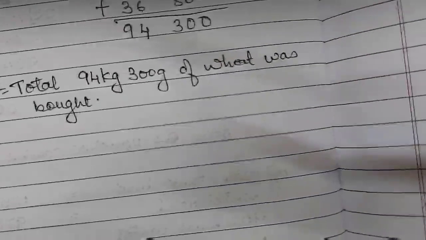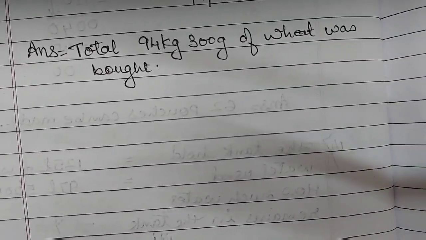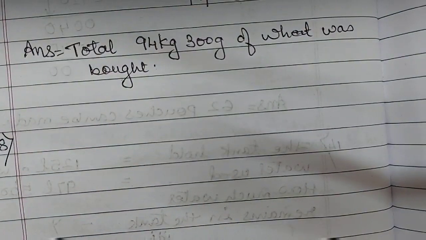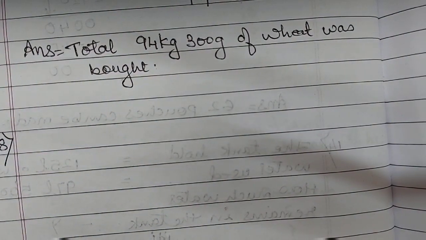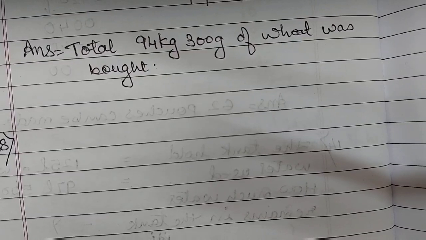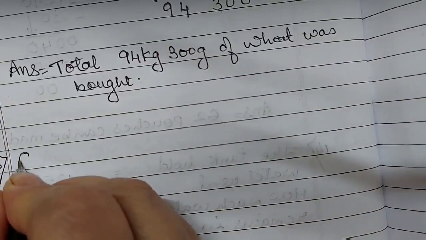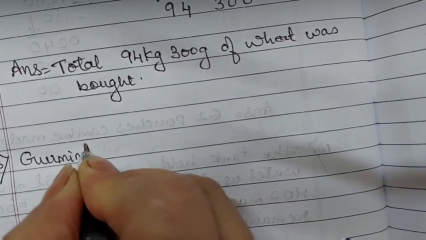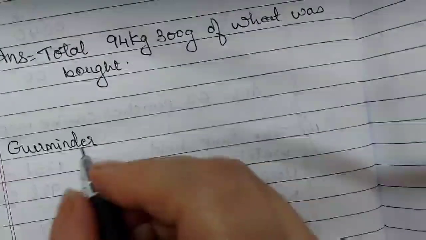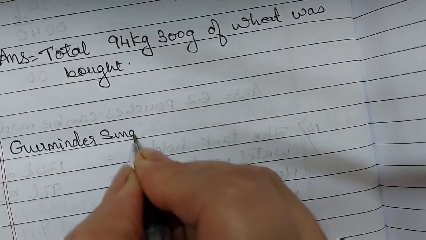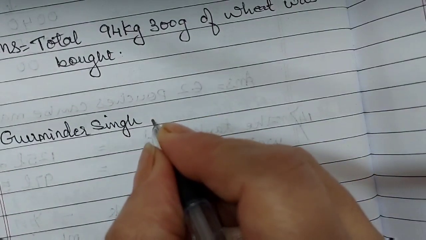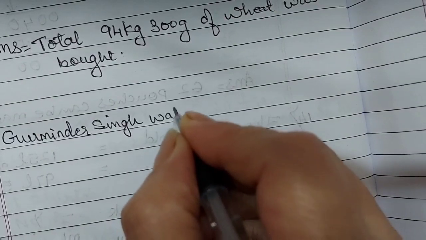So moving to sum number 18. We will solve sum number 18. So what do we have to write? The statement will be: Gurminder Singh walked.